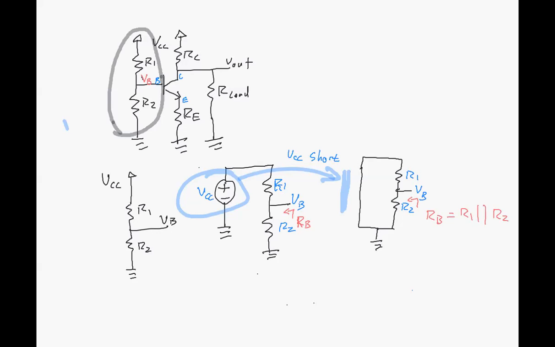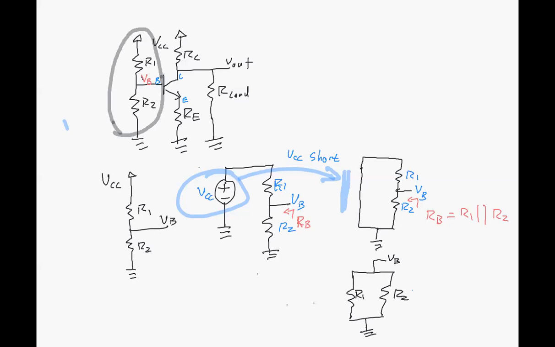I could slide this resistor R1 up, so I could draw it there. R1, R2. I wish I had a pointer in this. This is still exactly equivalent.